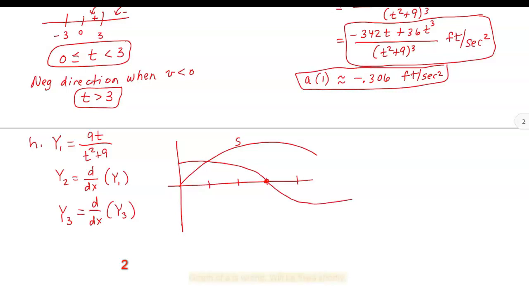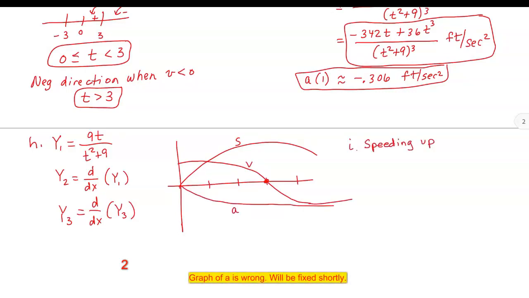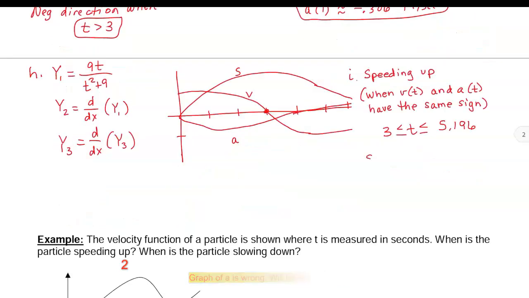And then for acceleration, speeding up means you are looking for when velocity and acceleration have the same sign, so when they're both positive or when they're both negative. The particle is slowing down when they have opposite signs.